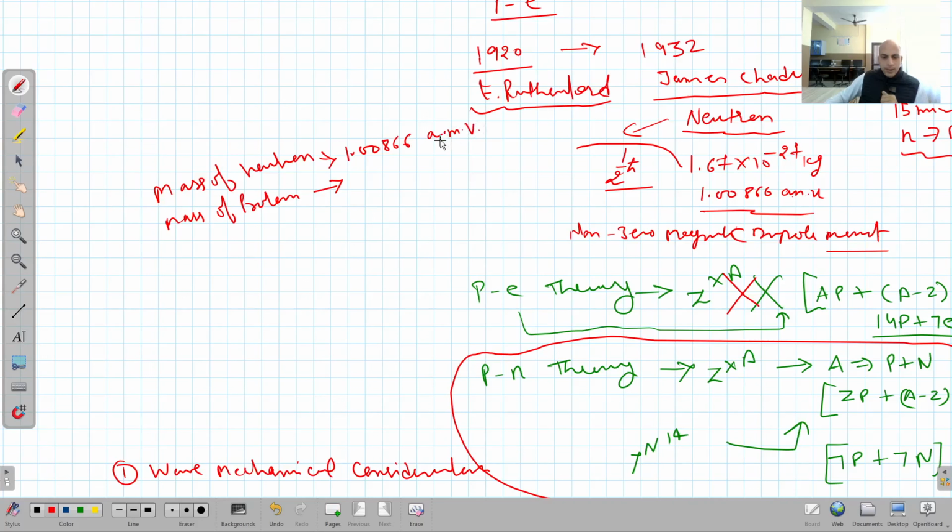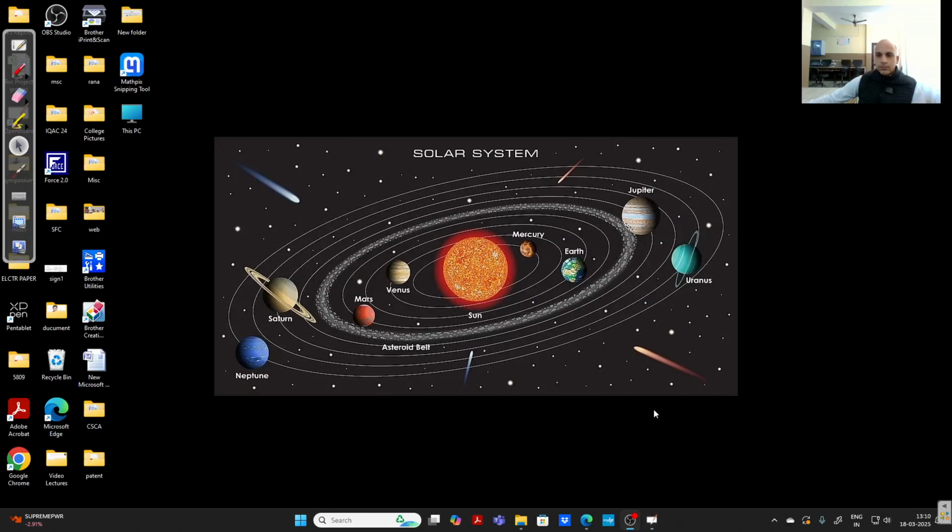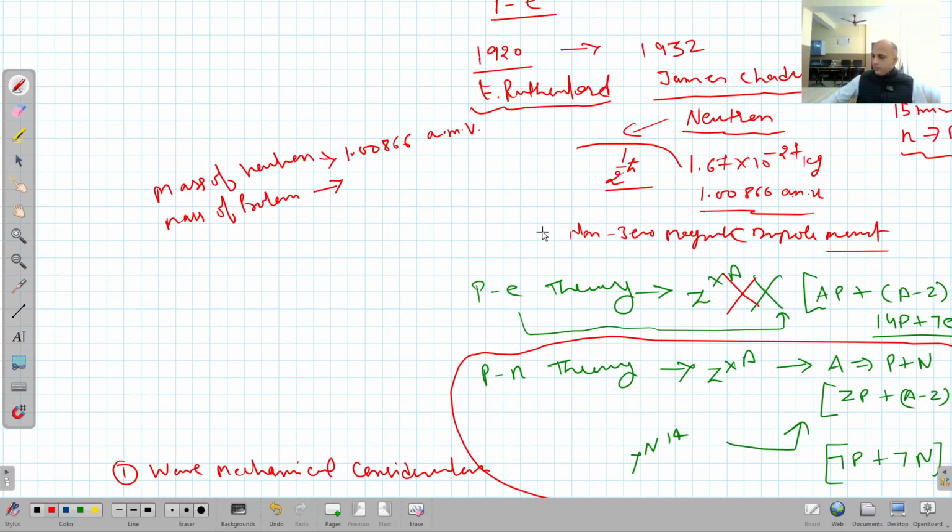Now I'm writing the mass of proton in terms of AMU. It is approximately 1.00727 atomic mass unit, AMU, right?